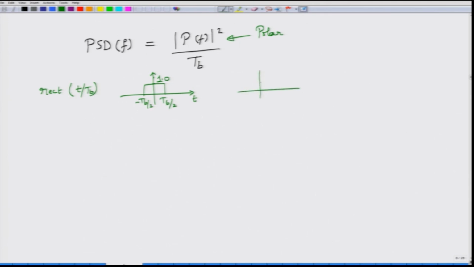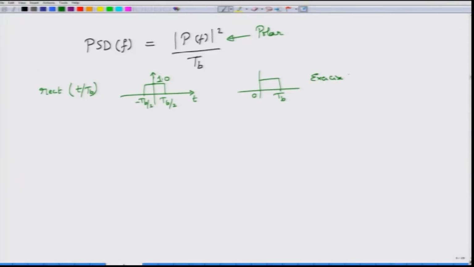If you are not happy with this pulse starting at minus Tb by 2, you can always make the pulse start at t equal to 0 and end at Tb. Mathematically, there is a delay of Tb by 2 compared to this waveform, and that will translate into a phase factor, but since you are taking the magnitude square, that phase factor will anyway go out.